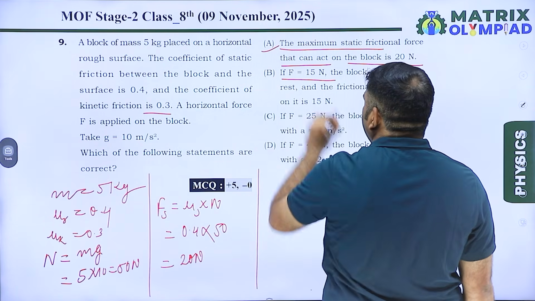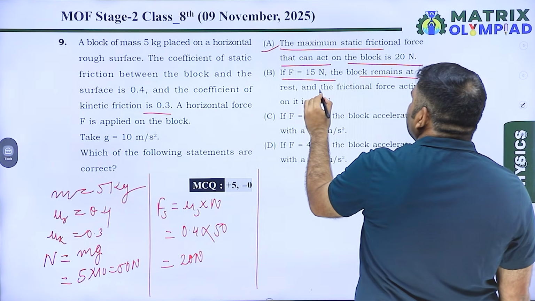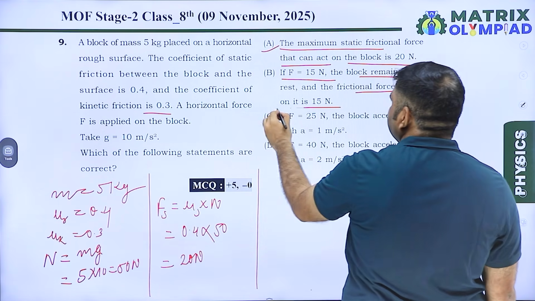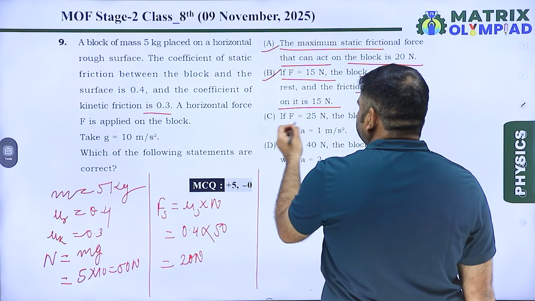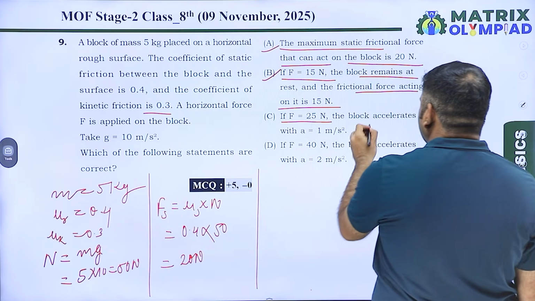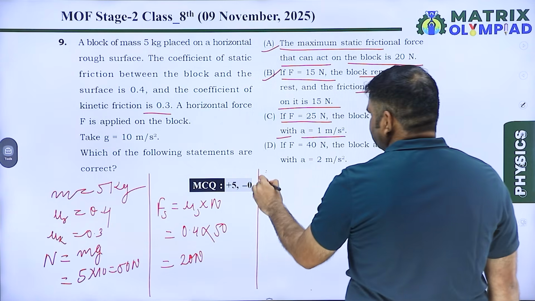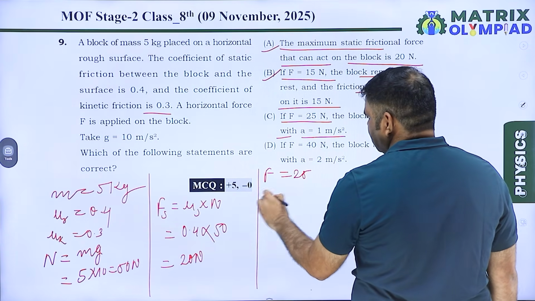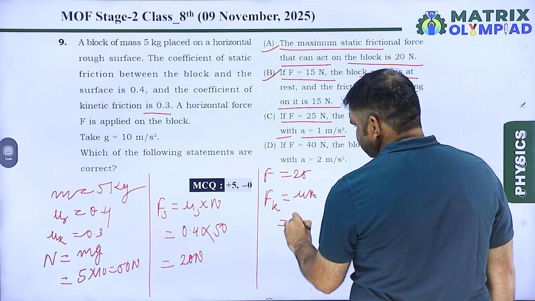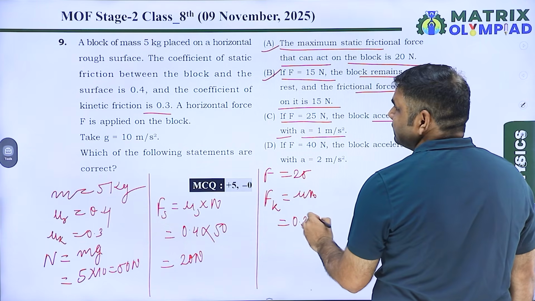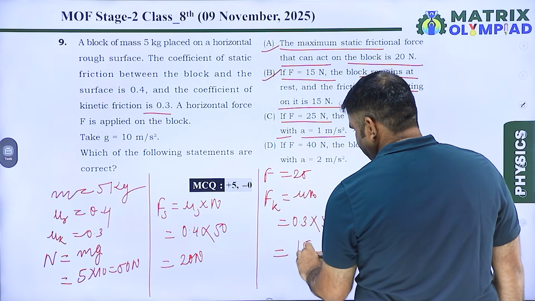If F is 15, the block remains at rest and the frictional force acting on it is 15 Newton, which is true. In option C, if F is 25 Newton, the block accelerates with a equal to 1 meter per second square. So F is 25, kinetic frictional force is mu N, mu is 0.3, N is 50, so 15 Newton.